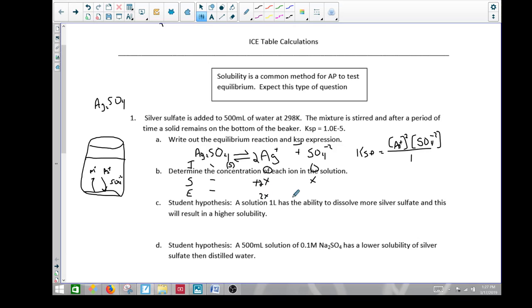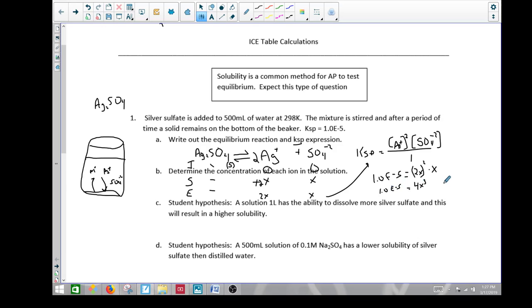Plug these values into the expression: 1.0e-5 equals 2x squared times x. That gives us 4x cubed equals the Ksp of 1.0e-5.